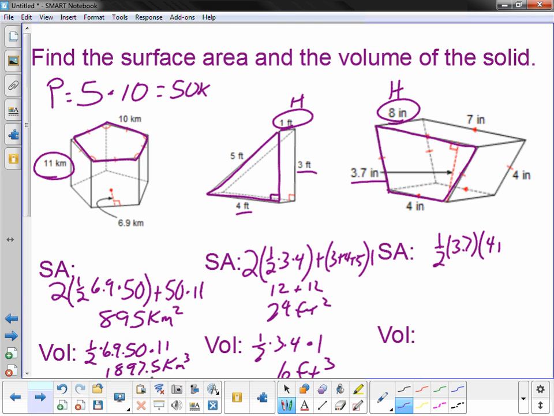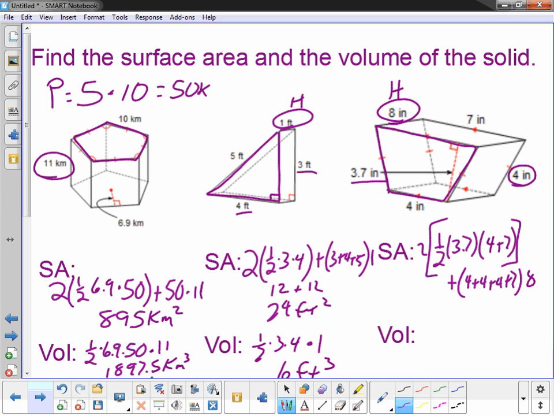So 4 plus 7. And then I've got 2 of those plus the perimeter of this. So it's telling me I've got a 4 on these side lengths. So my perimeter is 4 plus 4 plus 4 plus the 7. And I'm going to take that perimeter times the height of the prism, which is 8.